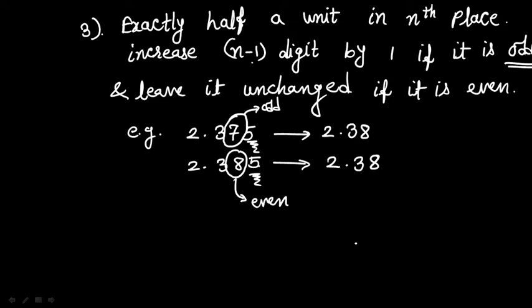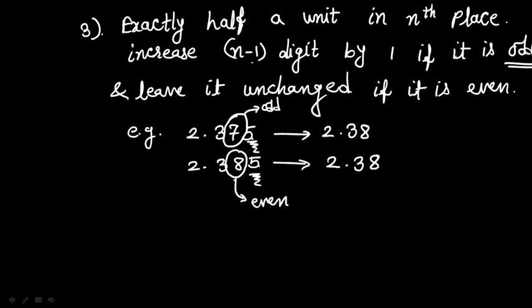Now, the third rule: whenever the nth place number is exactly 5, then we increase the (n minus 1)th digit by 1 if it is odd and leave it unchanged if it is even. Here, in the example, 4 significant digits are there and the last place number is exactly 5 in both cases. The difference is that in the tens place, in the first example an odd number is there and in the second example it is even.